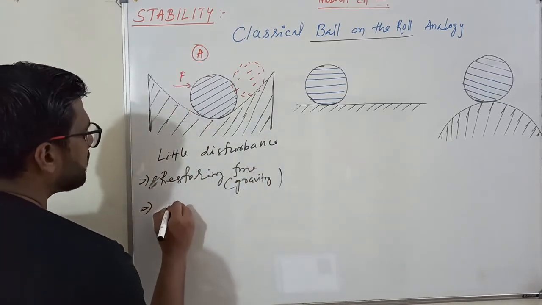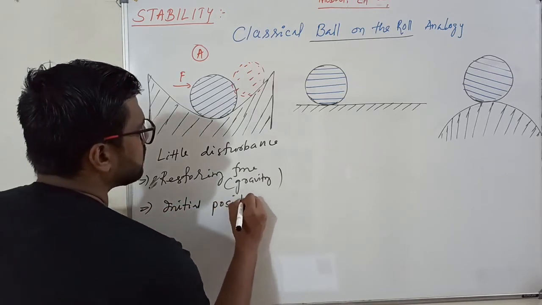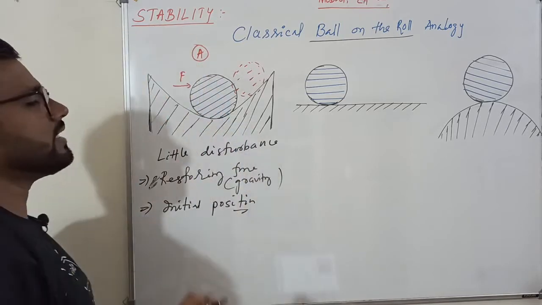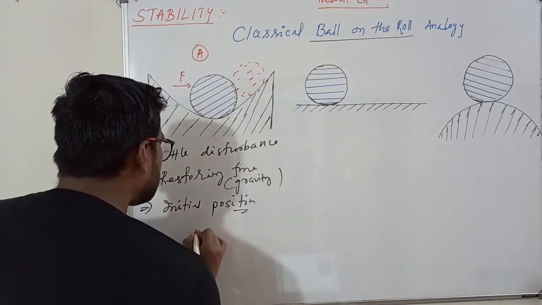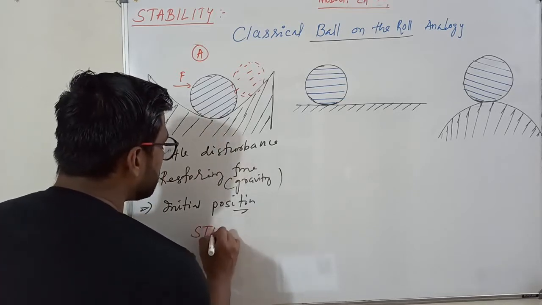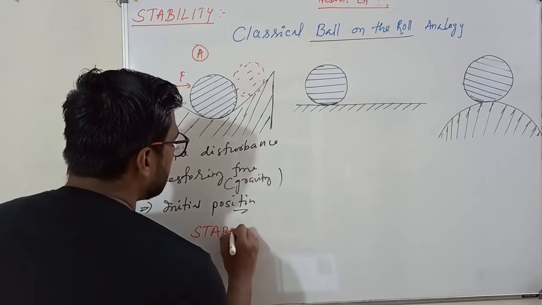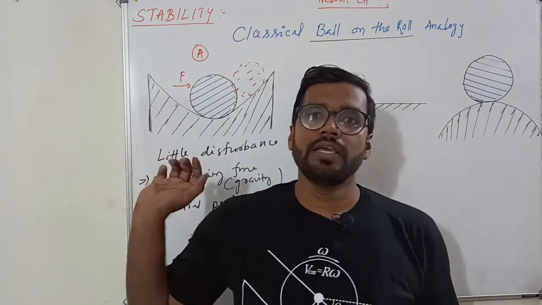That's why it will come back to its initial position. So in this case A, it will come back to the initial position, so I can say it has achieved stability. This is in stable condition.